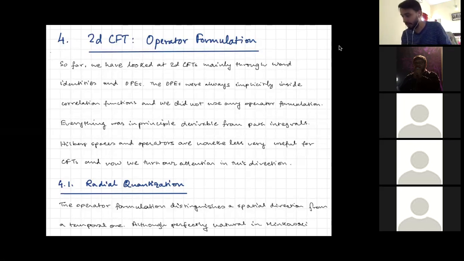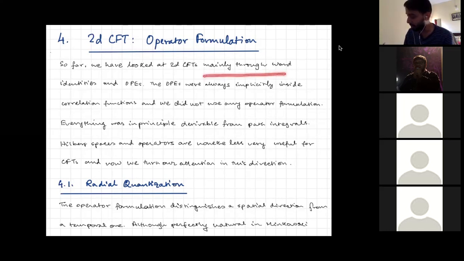Today and the next few lectures, we are going to be focusing on what I call the operator formulation of 2D CFT. So as I write here, we have looked so far at 2D CFTs mainly through Ward identities and OPEs.